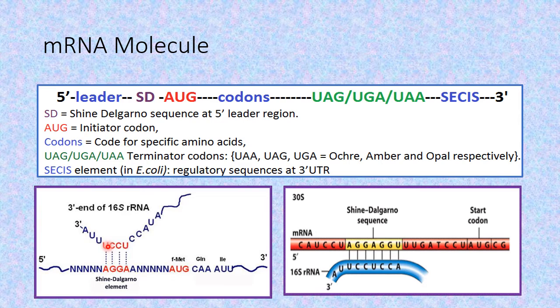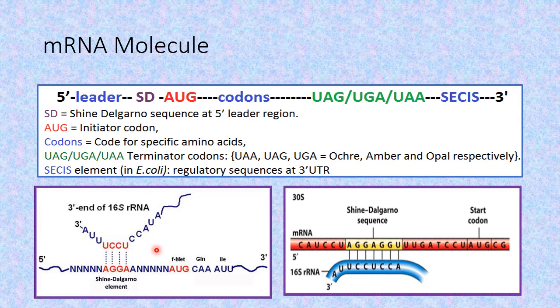We know that ribosomes are basically proteinaceous entities in which proteins are associated with the ribosomal RNA molecules. So in the ribosome, there are two subunits, the small subunit and the large subunit.